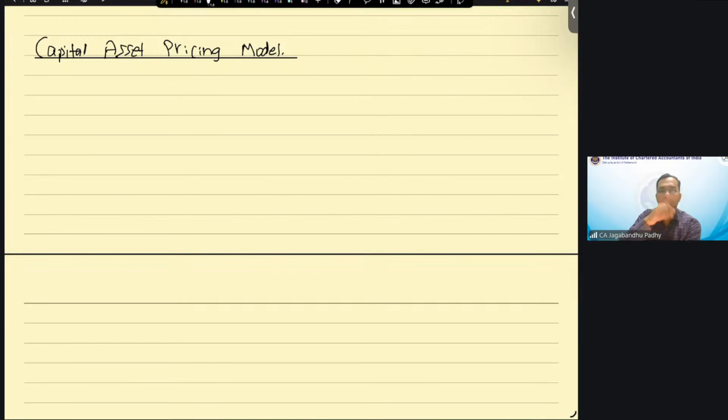Now, the question is, why is the cost of equity going to be different? Why do you think the cost of equity is going to be different for the two companies? What is the reason? What's the reason that the return or cost of equity is going to be different for both the companies?